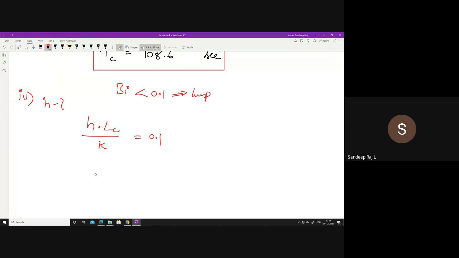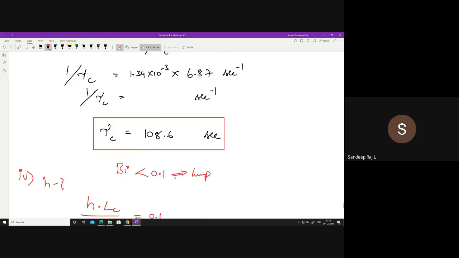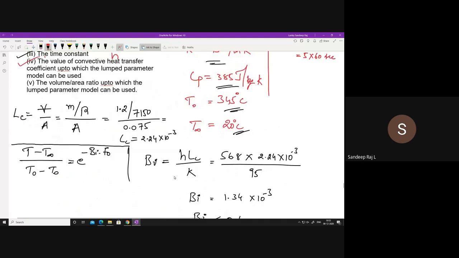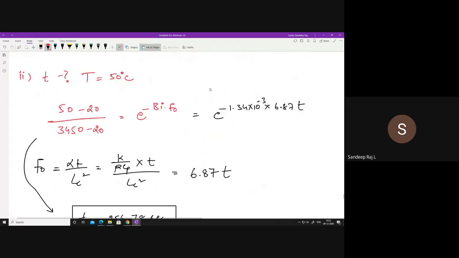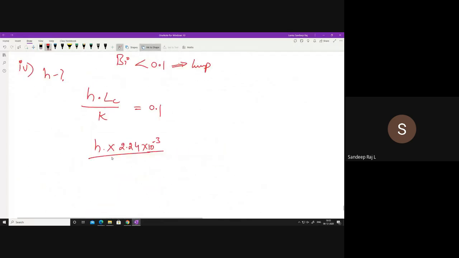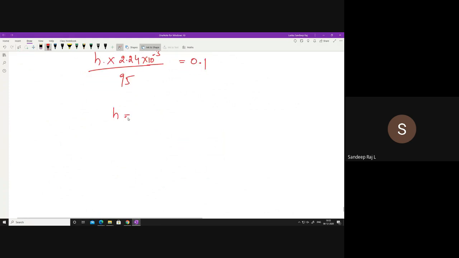So H is unknown, and the LC value is known to us. It is 2.24 into 10 to the power of minus 3, divided by K, and the K value is 95. This is equal to 0.1, and H is unknown. Tell me what the value of H is.